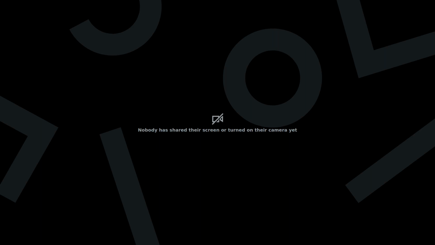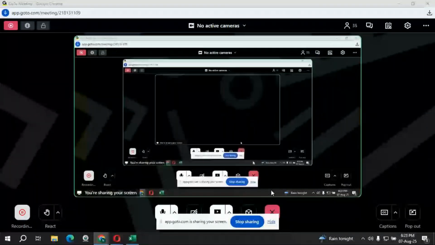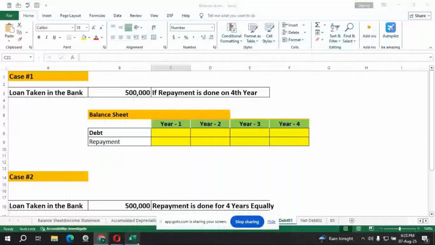Yes, please open this case study. Debt 1 I've given you. So just open that. In the same file, after balance sheet 1, 2, and 3, I've given debt 1, debt 2, and debt 3C.